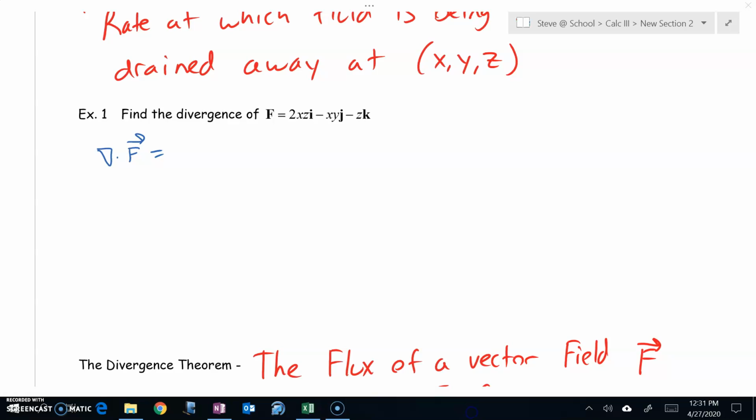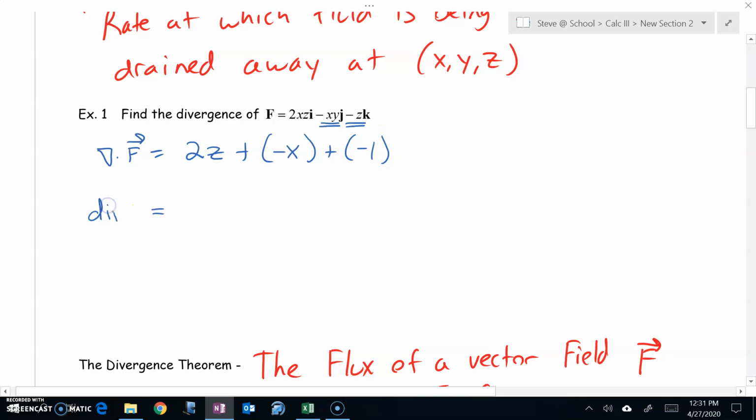If you take the derivative of 2xz with respect to x, you get 2z, plus you take this with respect to y and you get negative x, plus you take this with respect to z and you get negative 1. So the divergence of F is just 2z minus x minus 1.